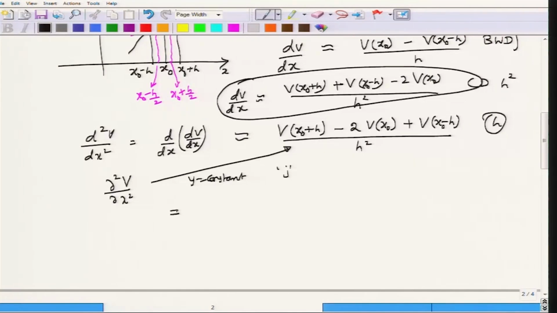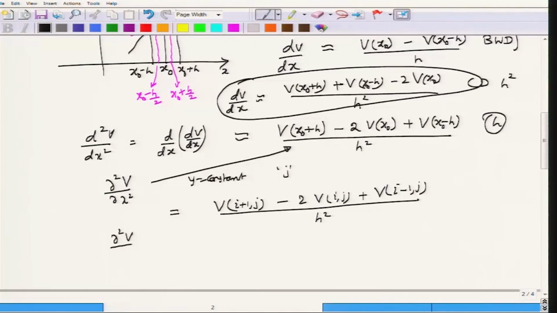So, this del square v by del x square is given by v of i plus 1 comma j. Notice that I am actually referring to the i plus 1th point on the j equal to constant value, minus 2 v of i comma j plus v of i minus 1 comma j, going along the y equal to constant plane, divided by h square.